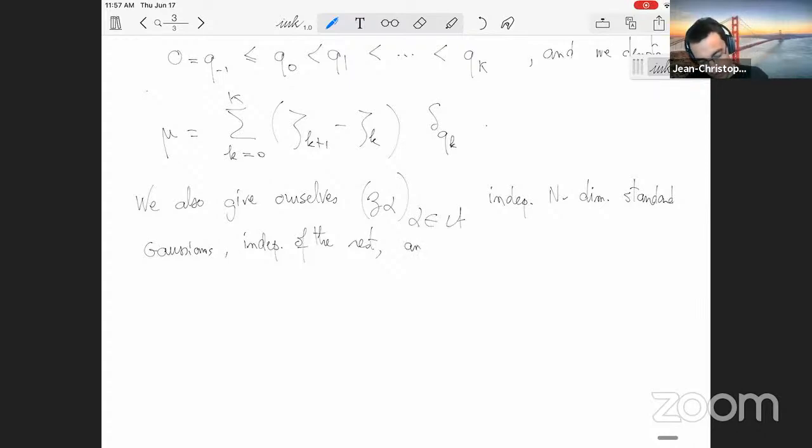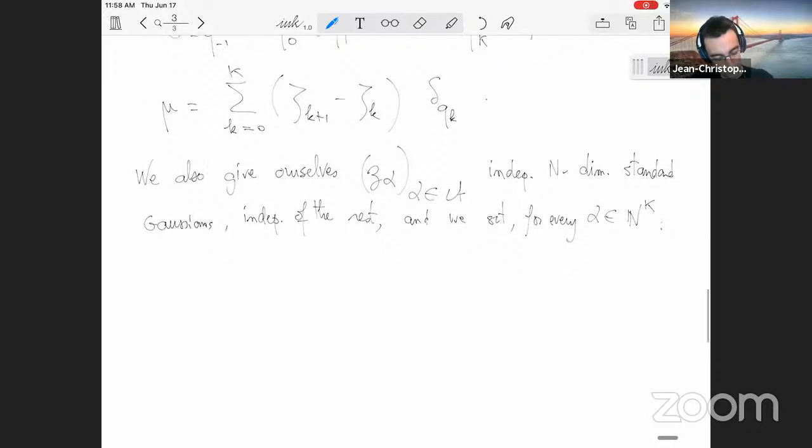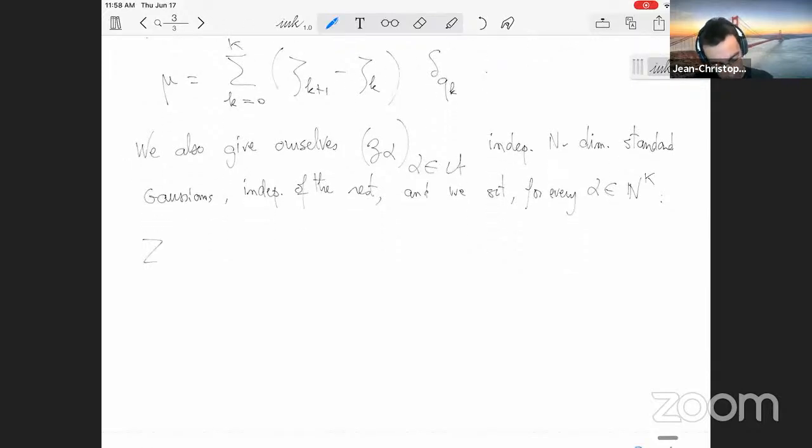And we set, for every alpha on the leaves, we define this random magnetic field. I'm going to write ZQ of alpha to be the sum for k from 0 to capital K.